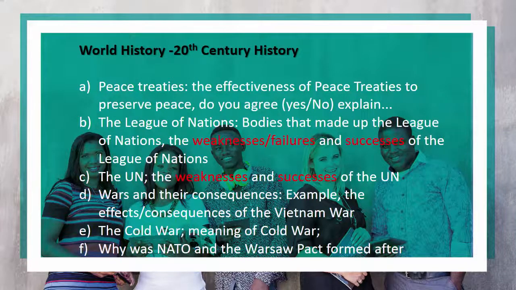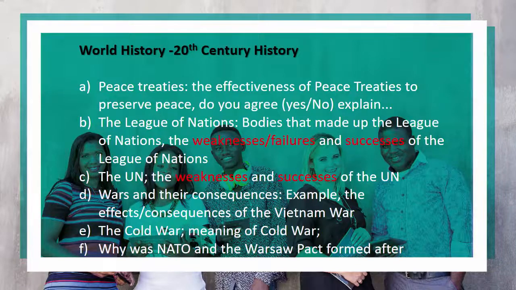We had, for example, the Vietnam War, and you have to know the consequences and the effects of the Vietnam War, especially for the DP students. The DP students, you know that you are not covering the Vietnam War, but you are more covering the Korean War instead of the Vietnam War.